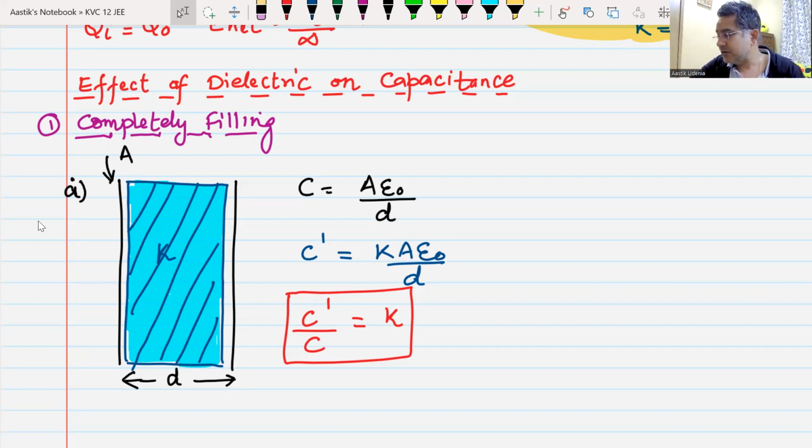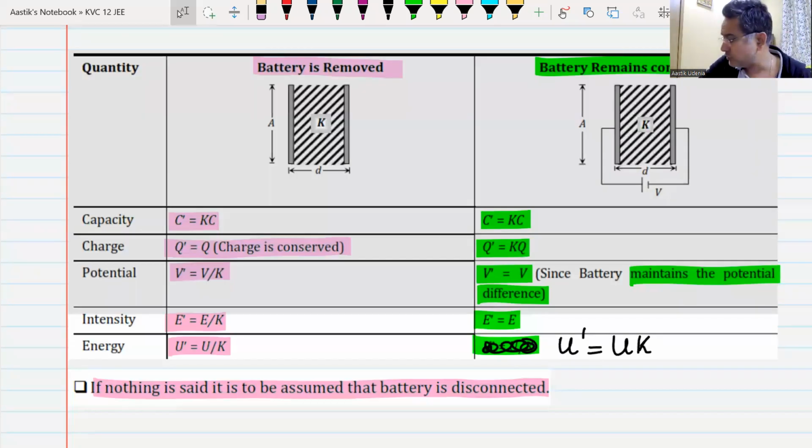We had also seen that this process can happen in two separate ways. In one way, the battery remains connected, and in the other one, the battery is disconnected.